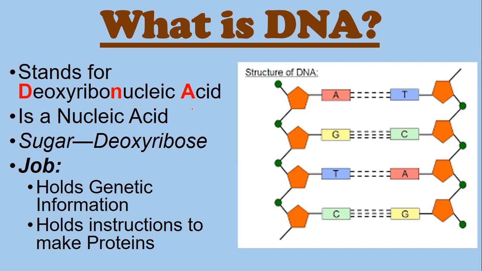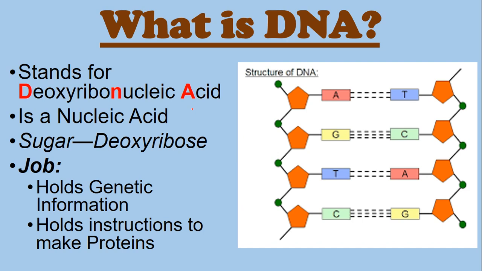That means that its monomer is what? Did I hear you say nucleotide? Because that's what it is. Nucleotides are made of a phosphate, a base, and a sugar, and the sugar in DNA is deoxyribose.